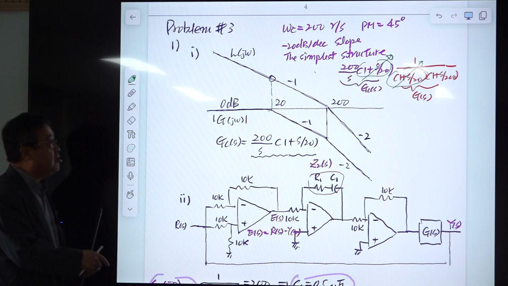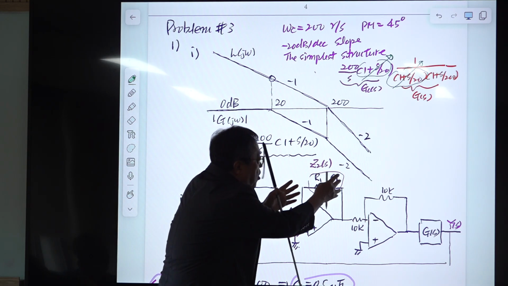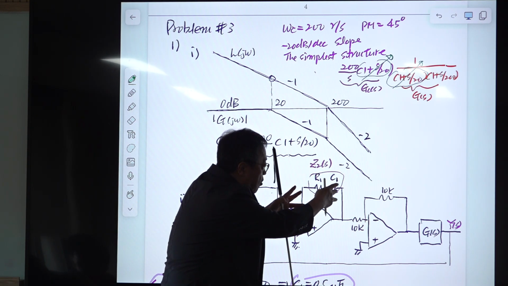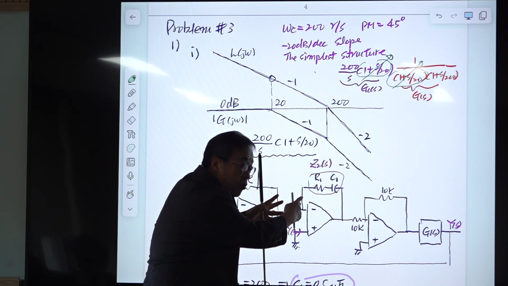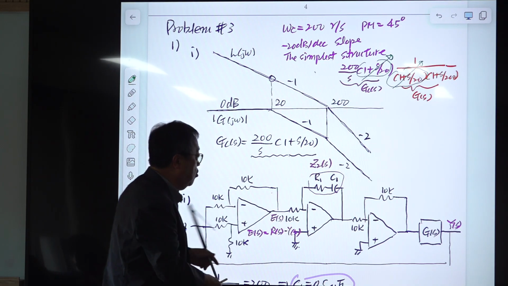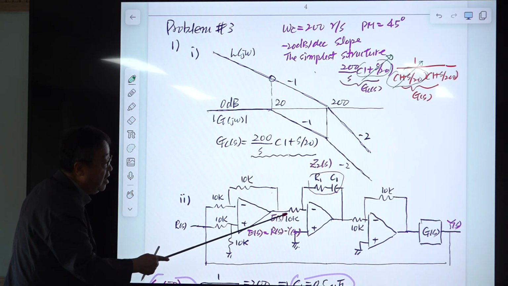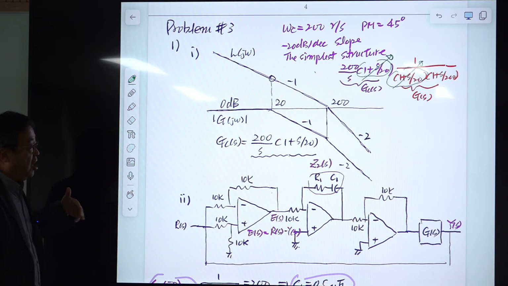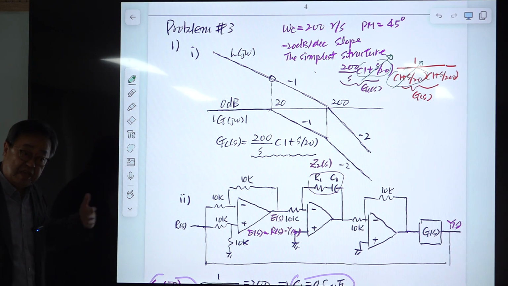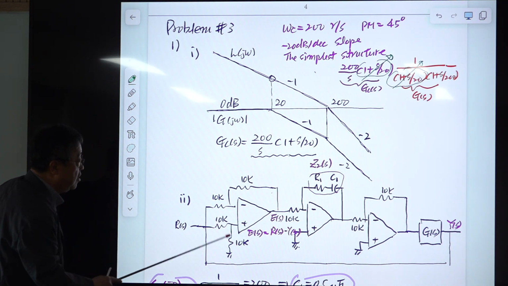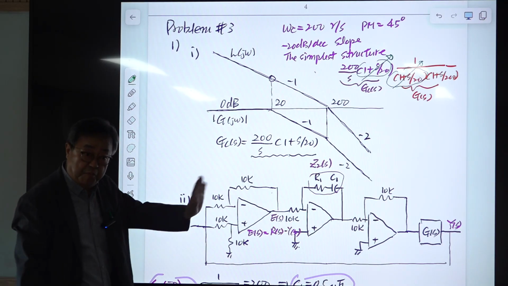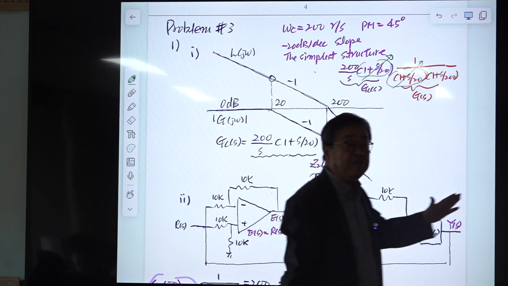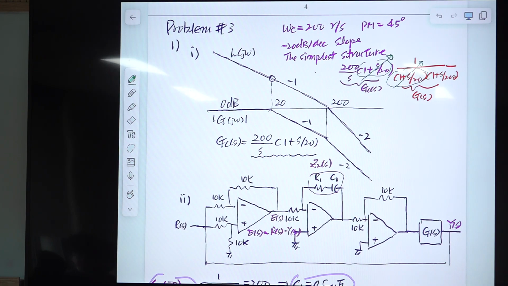To have integration, you have a capacitor somewhere, 1 or 2 in parallel. You have R 1 or 2 in parallel. So you use this 10K. I said use 10K resistors as much as possible. So use 10K. Okay. 10K is the most convenient one to use.